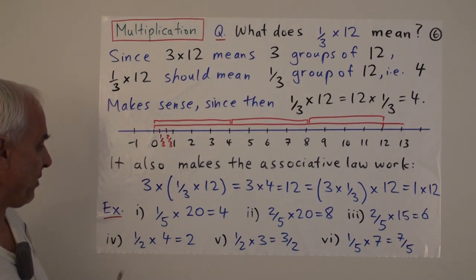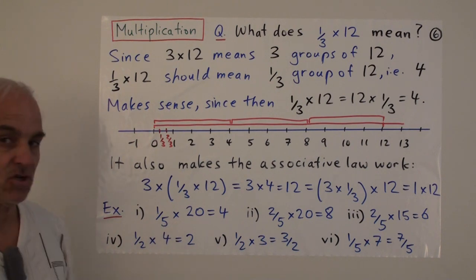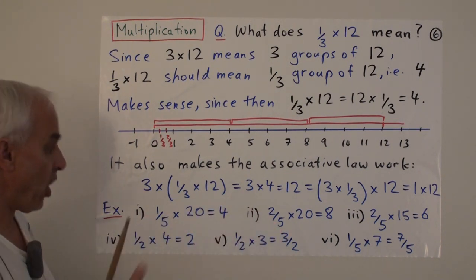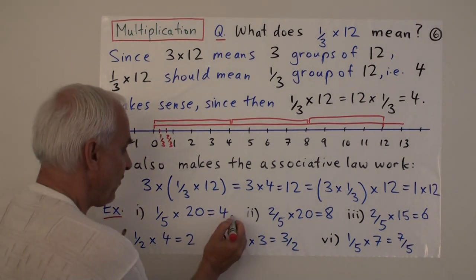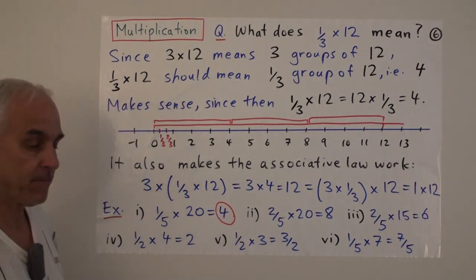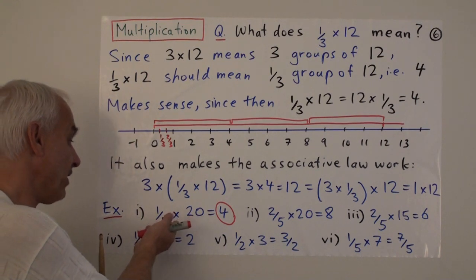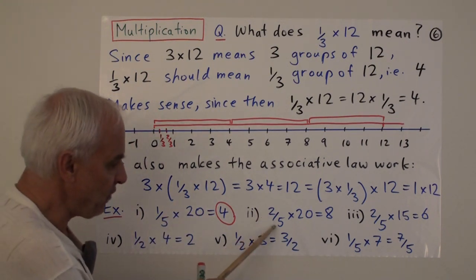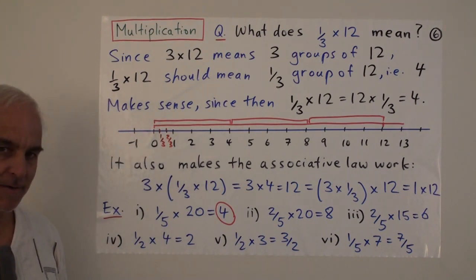Alright, so some other examples. 1/5 times 20, we're taking 1/5 of 20, is another way of saying it. We're going to get 4. It's really the same as dividing 20 by 5. How about 2/5 times 20?